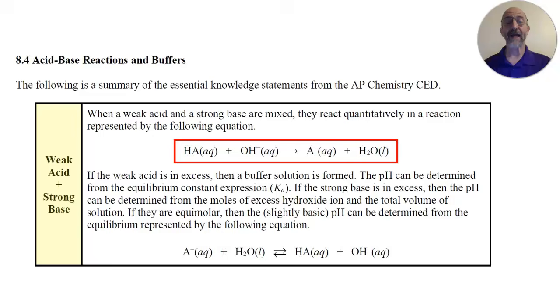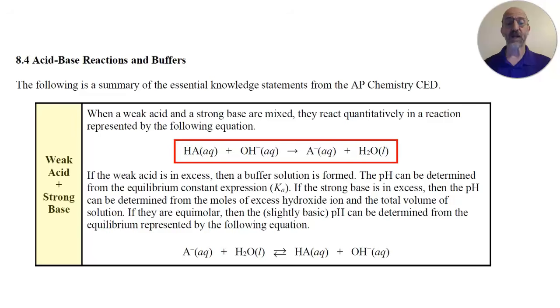Because a weak acid is only partially ionized in aqueous solution, we write the formula of a weak acid as HA, or whatever that formula happens to be, in a net ionic equation. So we still see hydroxide as a reactant to represent the strong base. And then on the other side of the equation, in addition to the water, we see A minus. A minus represents the formula of the conjugate base of that weak acid.